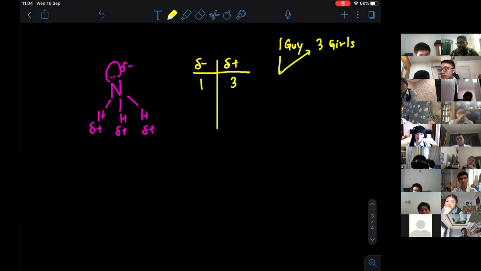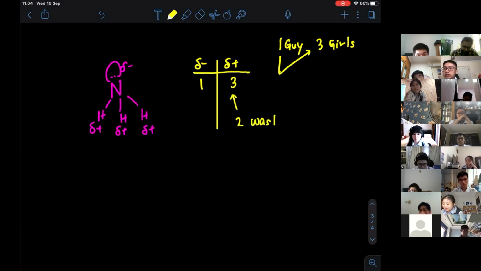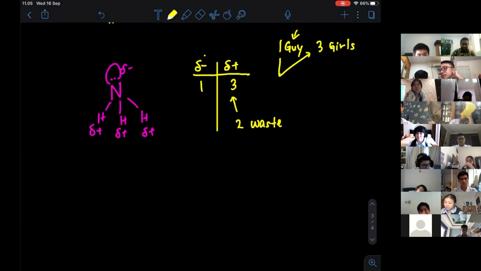The remaining 2 girls will not be participating in the partnering. They are not going to get coupled up. So there will be extra 2 that will go to waste, or not be used up, because of lack of guys, or lack of delta negative.